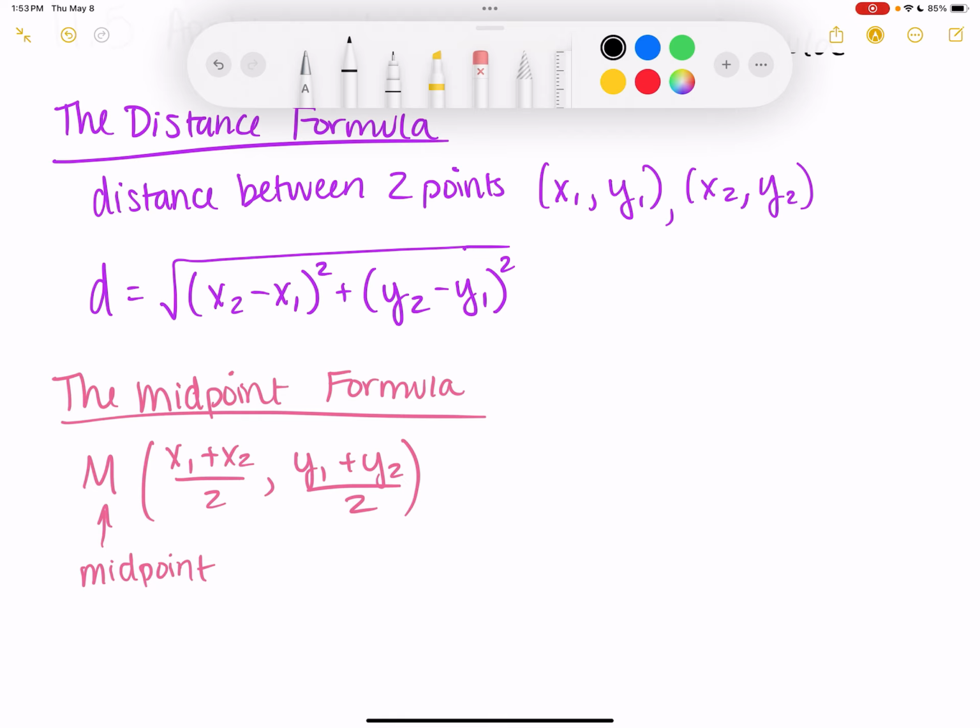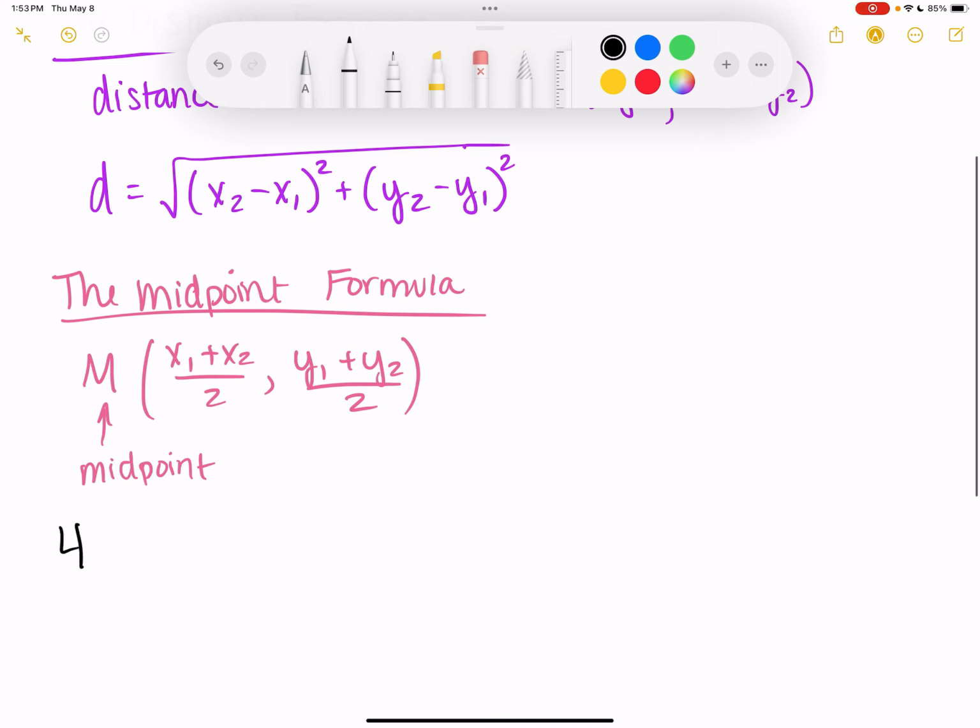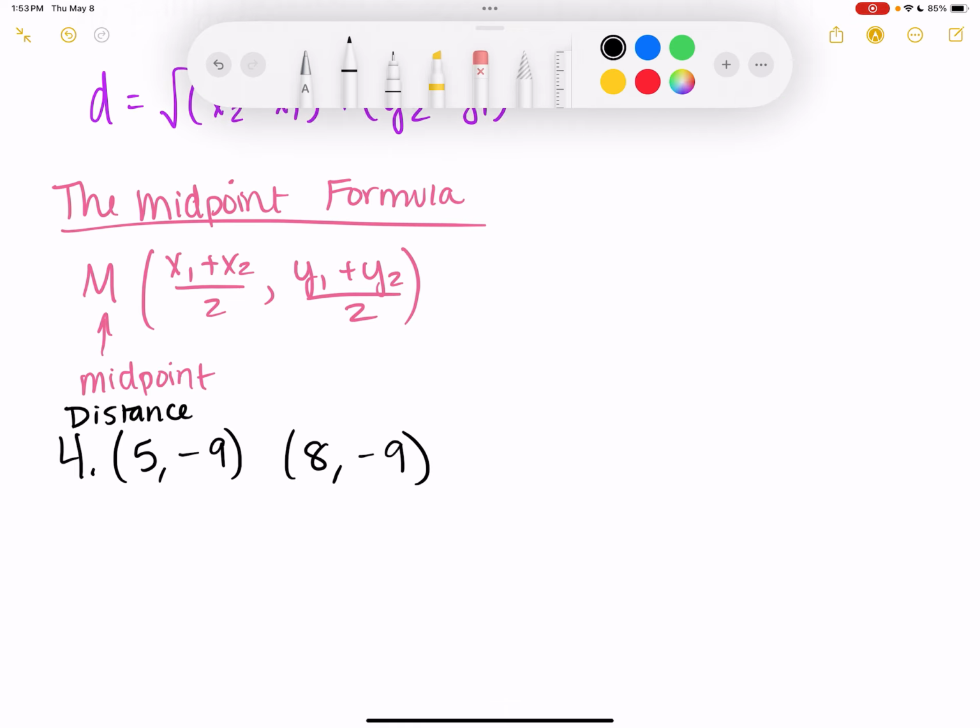So finding the distance between 2 points, number 4, we've got 5, -9, and 8, -9. Those are my 2 points. We're doing distance first. So I use my distance formula, so I'll write d equals the square root.